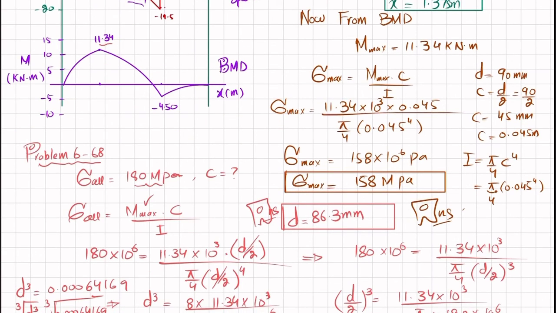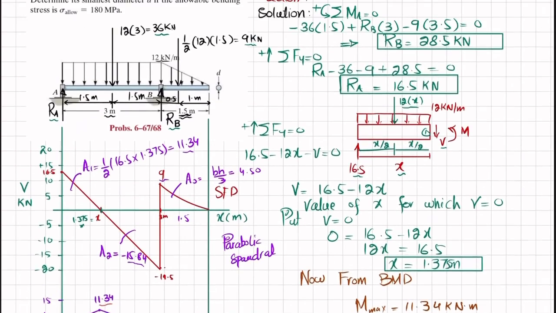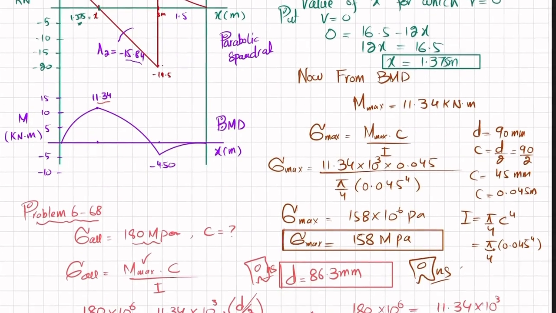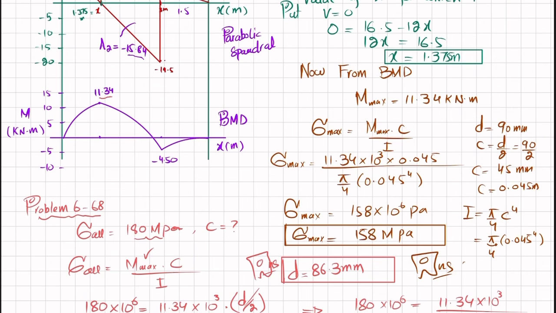Once you get maximum bending moment, you can just put it in this formula. Now, the last thing is that in the first part, we have been asked to find the stress distribution over the cross section. So let me draw the cross section.